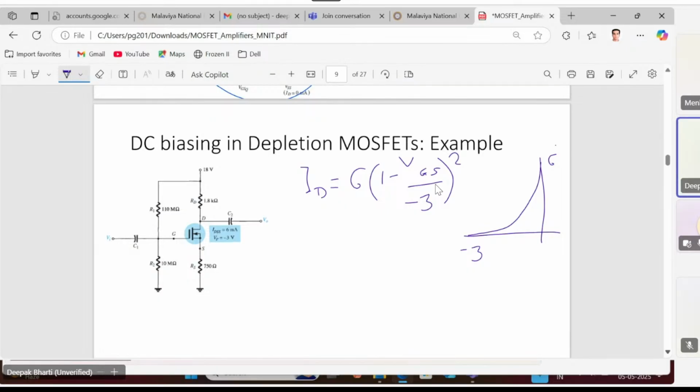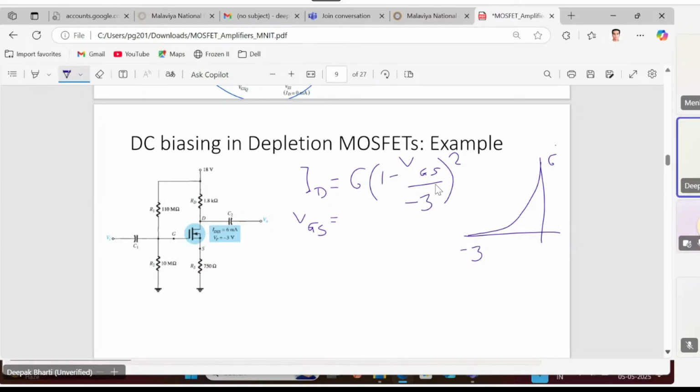Okay, now the second task will be to write down the equation of the load line. Now what is the equation of the load line? So we have to find out VGS. VGS is equal to VG. VG is what? VG is the potential divider of 18 volt on 10 and 110 mega ohm.